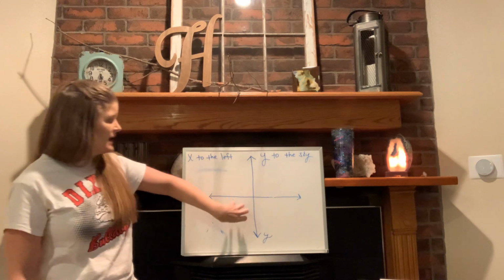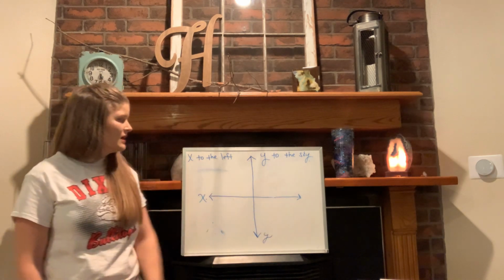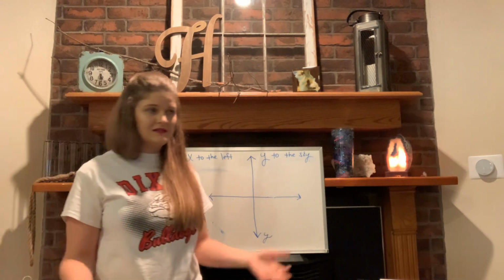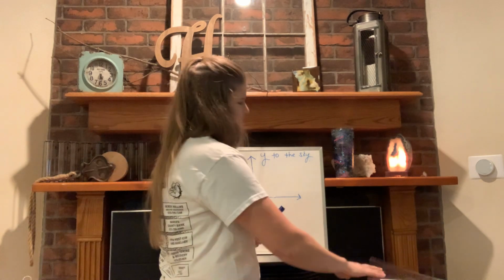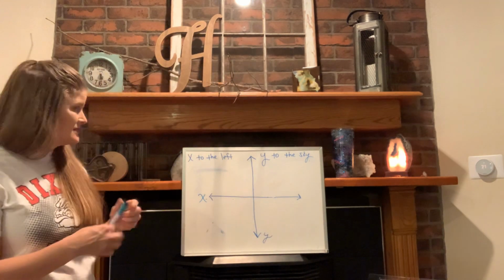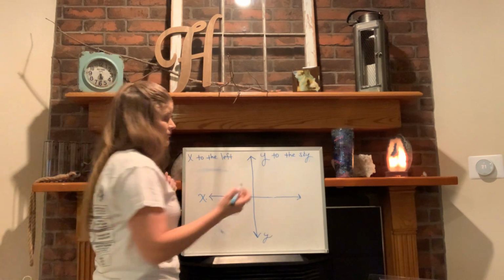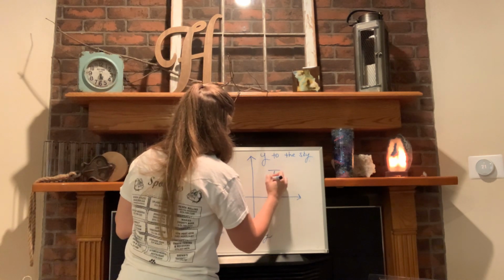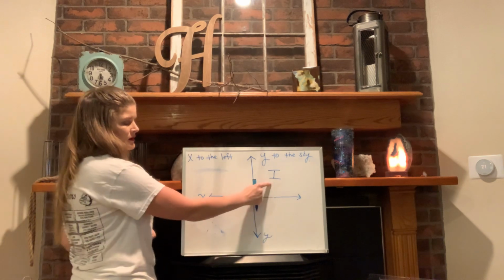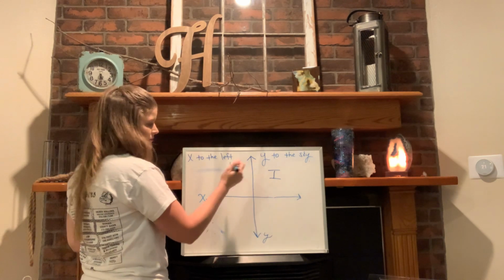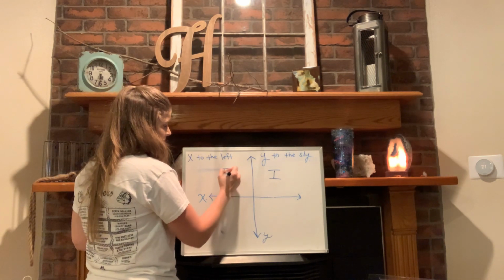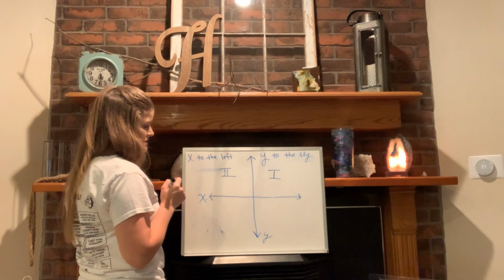It breaks this up now into 4 spots. These are called our coordinates. I'm sorry, quadrants. Our quadrants. Coordinates is the spot on the map. Now, the first one is the top right. The second is the top left.